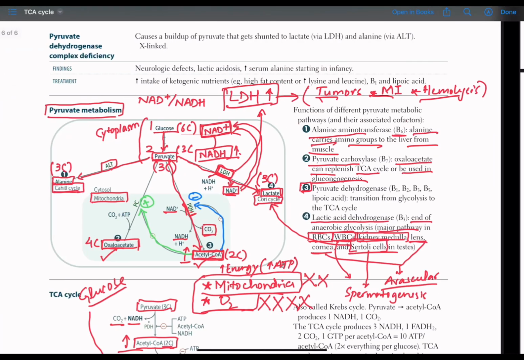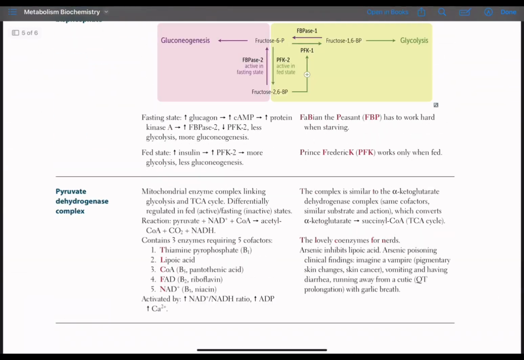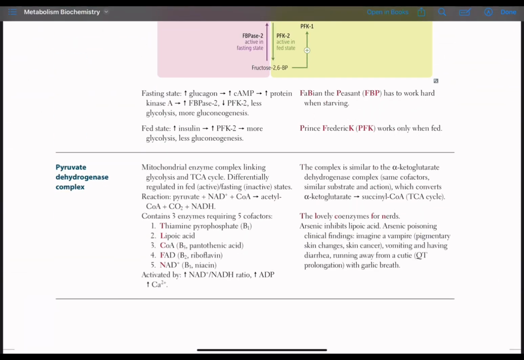Hope you understand it. Now let's go through the enzyme pyruvate dehydrogenase complex. It is not a single enzyme, but rather it contains 3 enzymes. That's why it is called a complex. It is made up of 3 enzymes or 3 subunits, E1, E2 and E3.